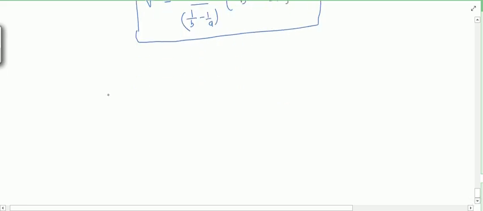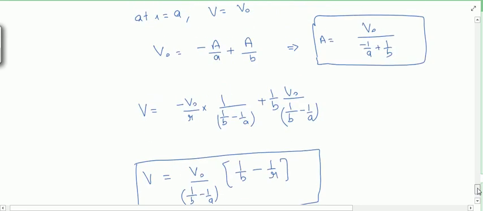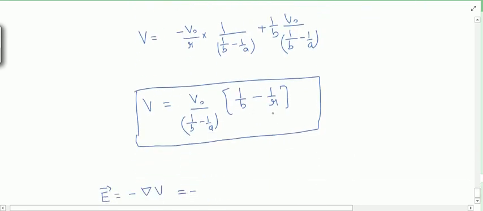Now we have to find the electric field. As you know, electric field is nothing but minus gradient of potential, so we just have to find the gradient. Only the r component will be there, because there is no theta or phi dependence. If we do del V by del theta and del V by del phi, it will be 0.